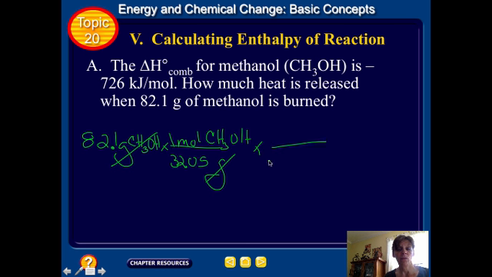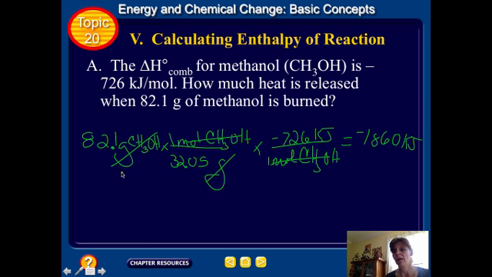And for every 1 mole of methanol, you have 726 kilojoules of energy released. That produces, go ahead and calculate, get a number, 1,860 kilojoules of heat released for those 82 grams.